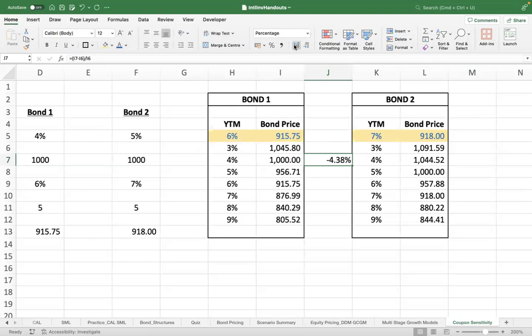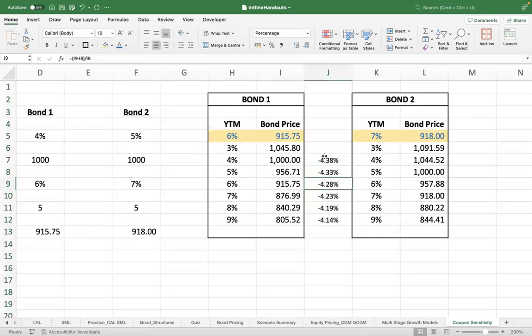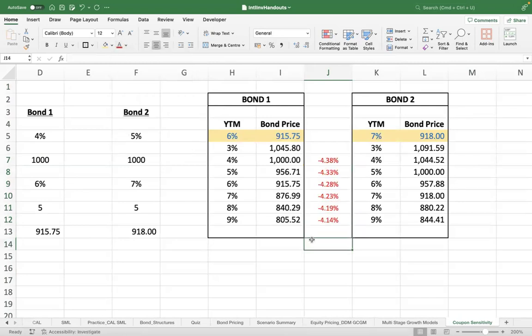Which is 4.38% for the first one. Similarly, you can do it for all the increases. What are these? These are the percentage changes. These are the drop in the prices caused by an increase in the yields. Drop in prices compared to the increase in the yields.